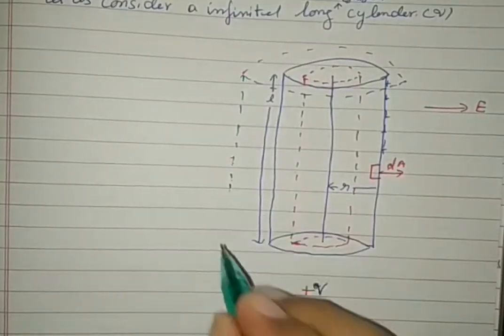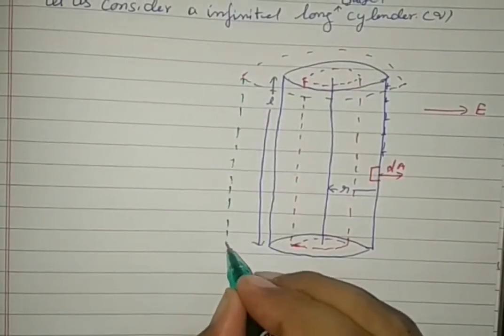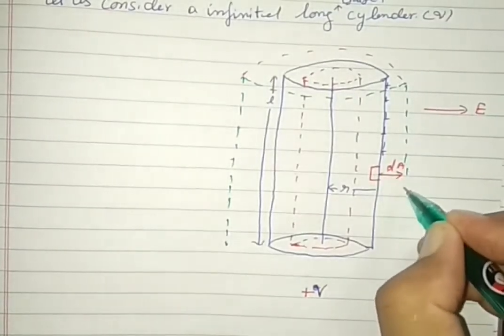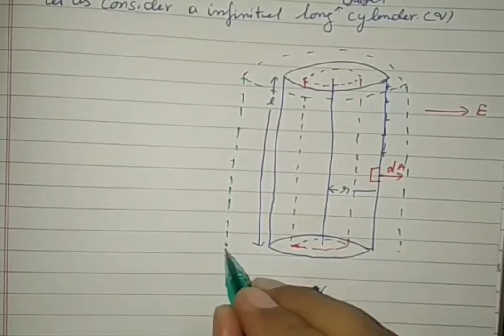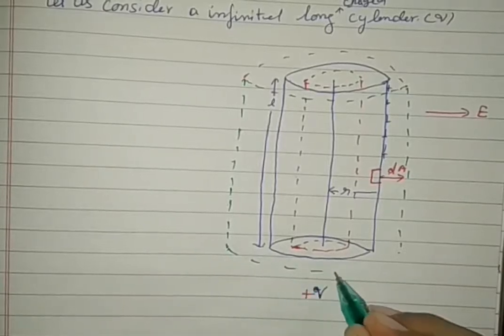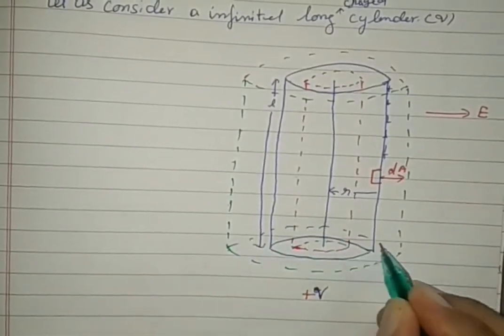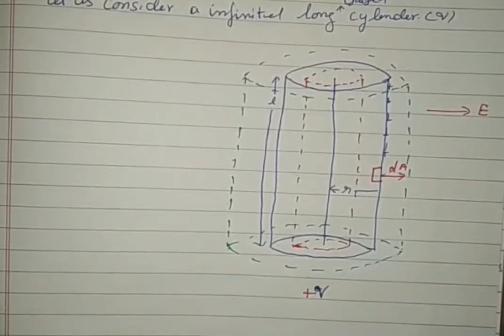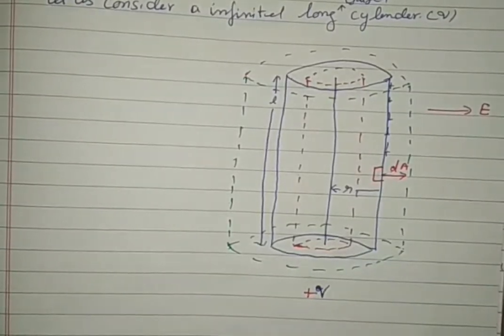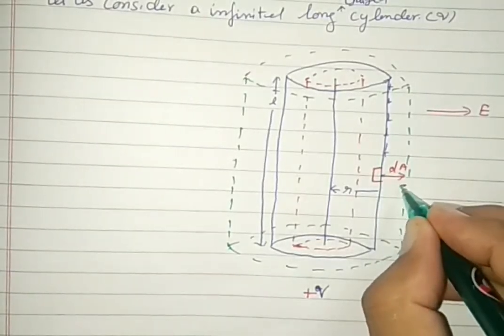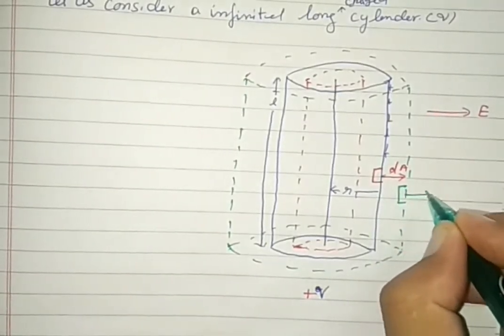Gaussian surfaces are represented on both sides, one inside the cylinder, another outside the cylinder, through which electric flux will pass.